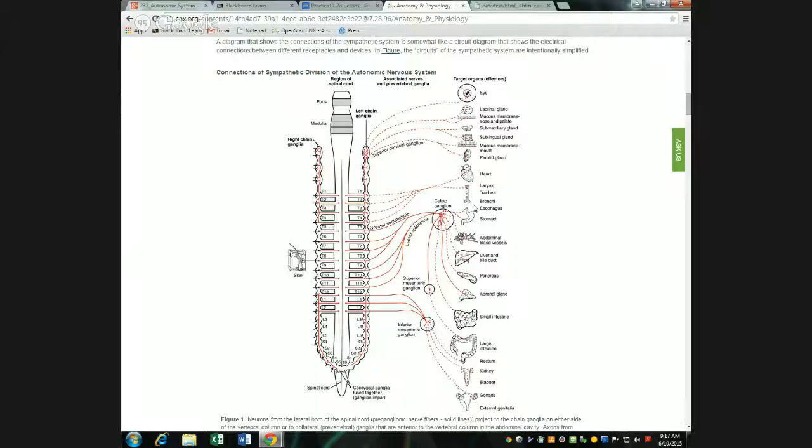It's only showing it coming from one spot for the sake of making a picture simple, but of course you have skin all over your body, so there are going to be connections from all different areas going to the different parts of your skin. So from this area right here, which is at the T8 level in the picture, it's going to a patch of skin. Let's see, where would T8 be? Right about here, probably.